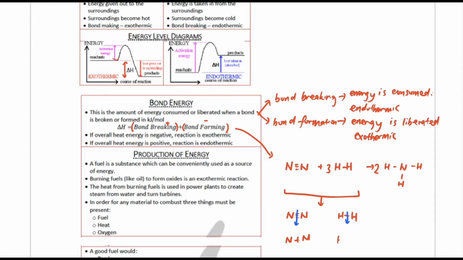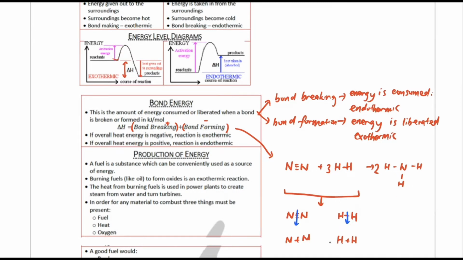You break the bonds of the reactants first. That is bond breaking. The energy involved is a positive value because it's endothermic. Bond breaking is endothermic, so you have positive values here.